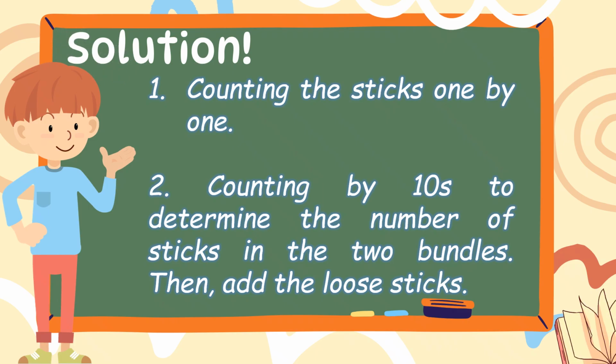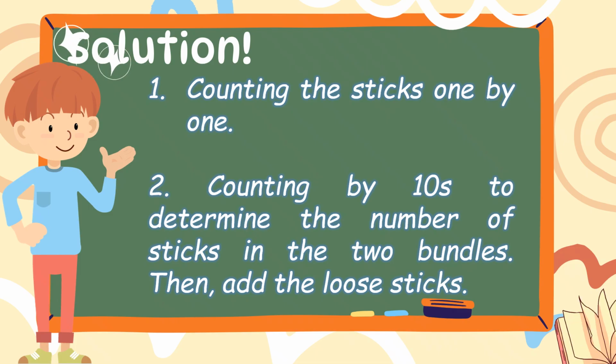If we count by tens, it's going to be a lot easier. So we group them, counting by tens to determine the number of sticks in the 2 bundles. Each bundle has 10. So it's so easy for you now.